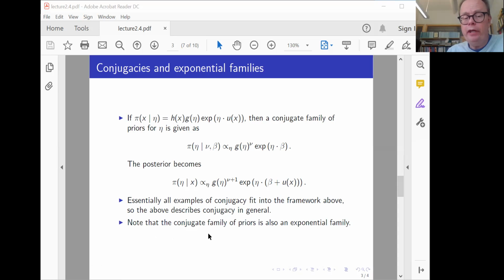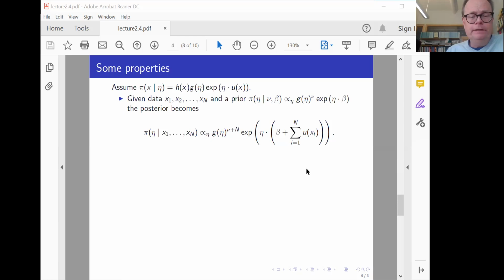And you should also note that the conjugate family of priors is also an exponential family. So when you get these priors that you construct here, they are also in the same big family of exponential distributions. So this is nice. Exponential families of distributions have lots of properties.